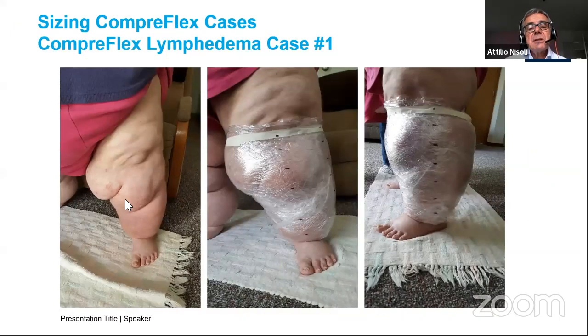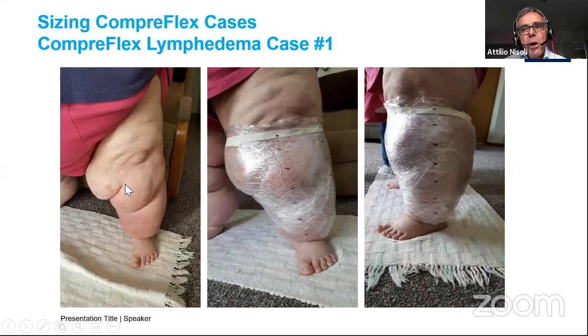Other pictures, these are cases from the UK. Lymphedema, again. You remember I was talking about round knit stockings, very soft and comfortable, but you can be sure that the round knit garment would actually cut into these areas.